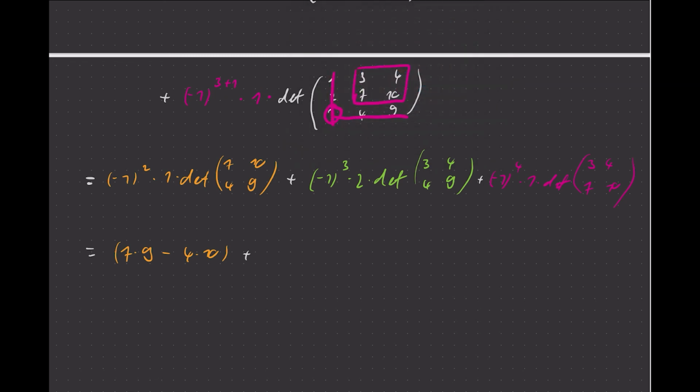The green part is minus 2 times these two entries minus these two entries. So that's 3 times 9 minus 4 times 4. Plus, here again we get a 1. And now we have these two entries minus these two entries. So that is 3 times 10 minus 7 times 4.